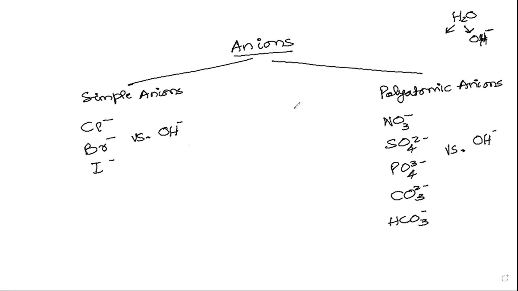If it happens, then what are we supposed to do? Let's bifurcate the rules, because rules for simple anions are different than the rules for polyatomic ions. The rules for simple anions are actually concentration dependent. So every time we are going to require the concentration of the salt solution.